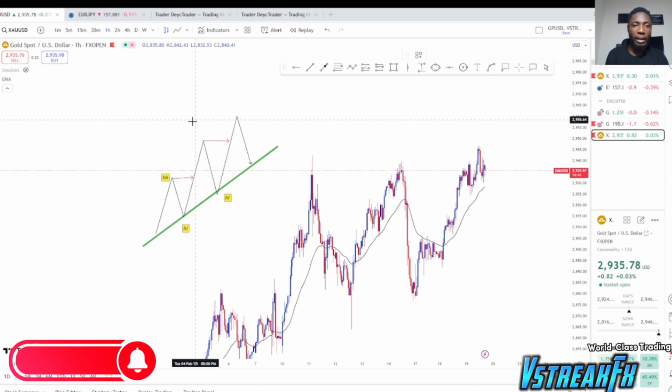So you want to see the market in an uptrend and bouncing off the trend line at least 2 times. The first time here, the second time here, and where you are really going to place your buy orders is at this third trend line touch here.